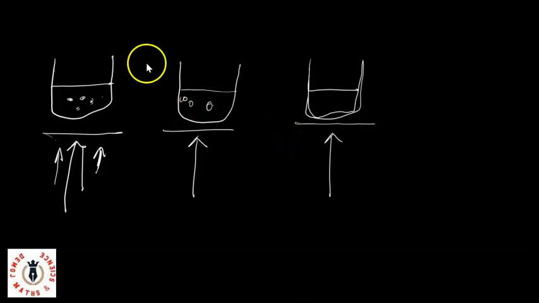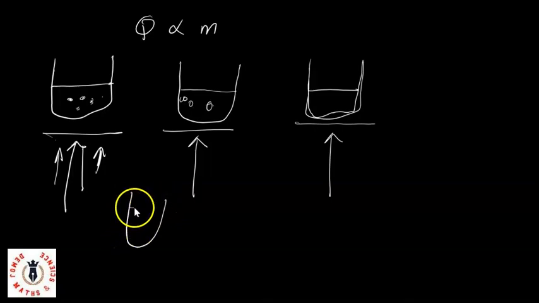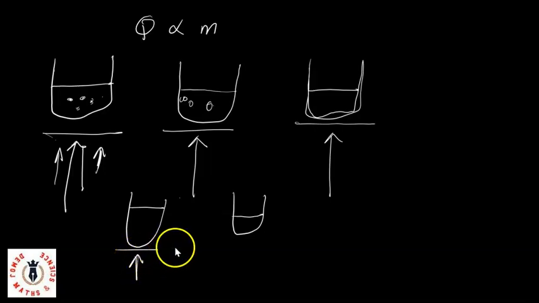Now, let's see this. The quantity of heat required to raise the temperature of this jar, Q, is proportional to the mass. That is, if I have water in this volume and I have less water, probably half of this, the amount of heat I will need for this will be far higher than what I will need to raise the smaller amount of water.